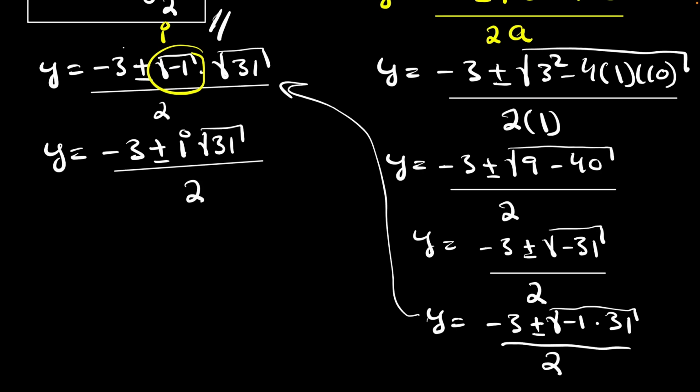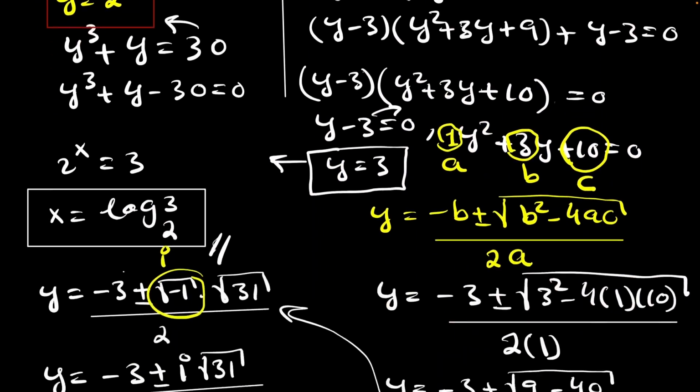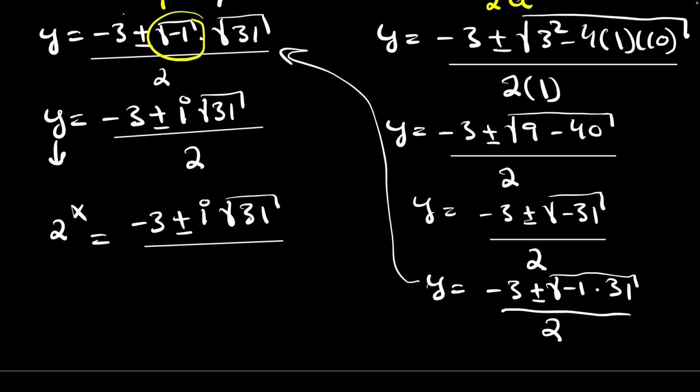That's great. As we said, we substituted y, and the value of y was 2 to the x. Let's go and substitute y back with 2 to the x. So 2 to the x is equal to minus 3 plus or minus i square root of 31, divided by 2.